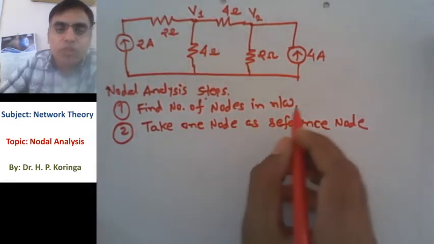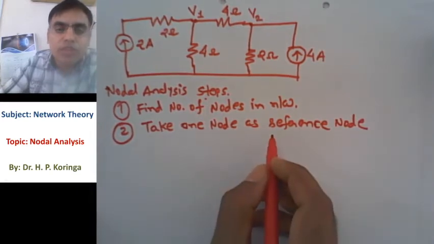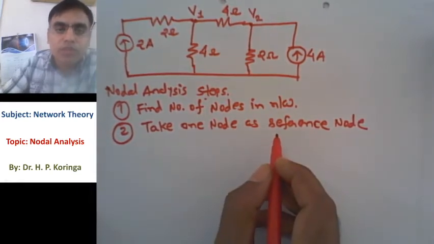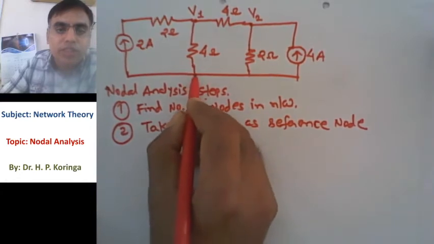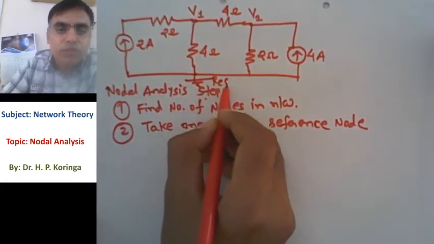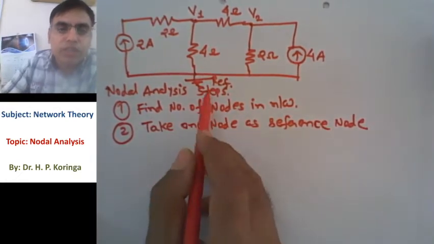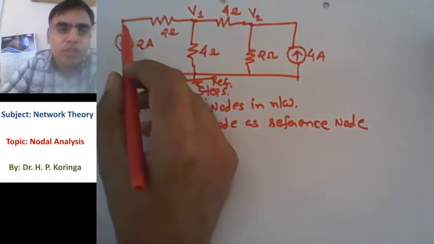Suppose there are n nodes in total, take one node as a reference. In this network, take this node as the reference node. How many other remaining nodes?